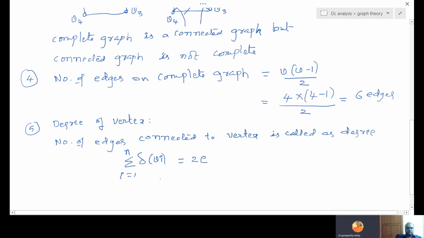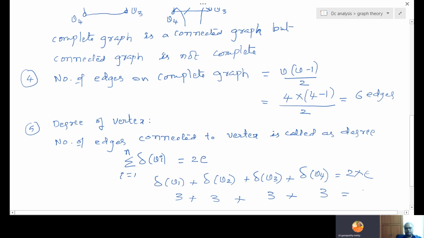So if we expand, degree at v1, degree at v2, degree at v3, degree at v4 equals 2 into e. What is degree at v1? 3 plus 3 plus 3 plus 3 is equal to 2 into 6. So satisfied. This is the formula.